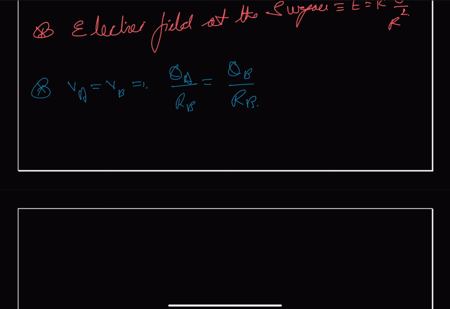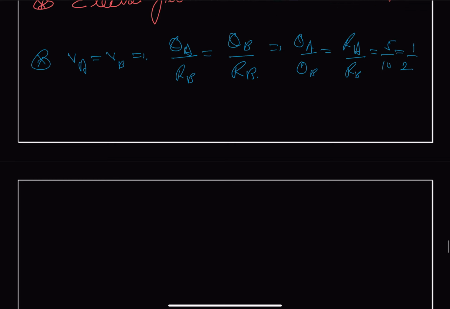This gives us that QA upon QB is equal to RA upon RB, which comes as 5 by 10, equal to 1 by 2. Similarly, we can find the ratio of their electric fields.